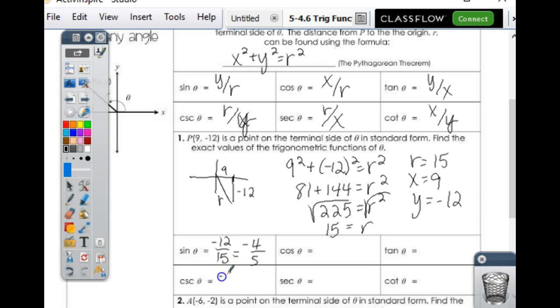So I'm going to do negative 5 over 4. So the cosine is my x value, and we would flip it for the secant. Tangent is y over x, and the cotangent we would flip.